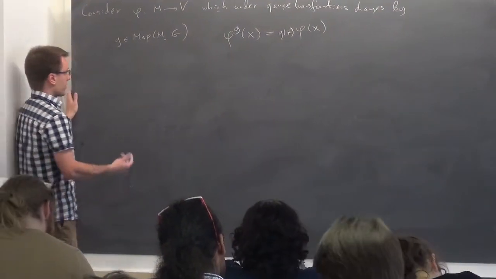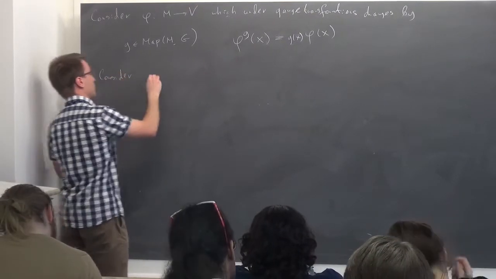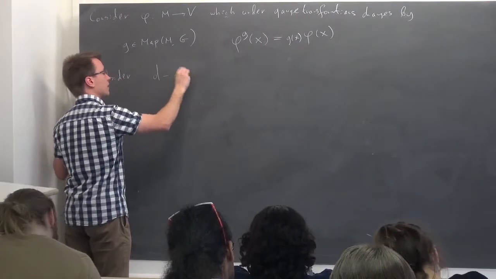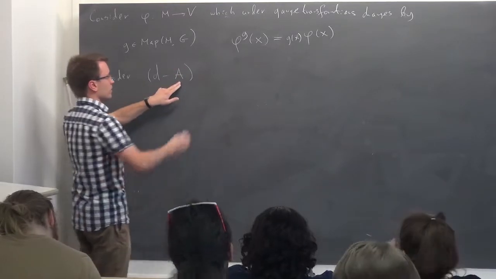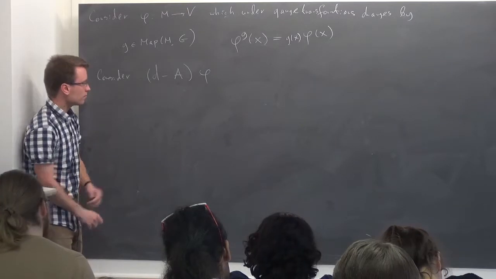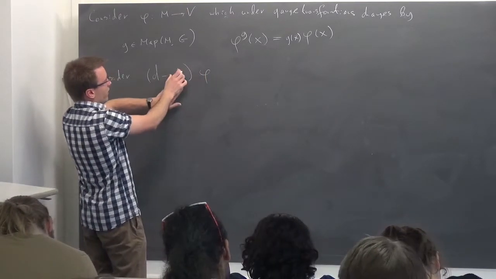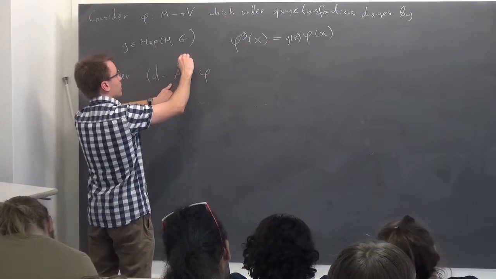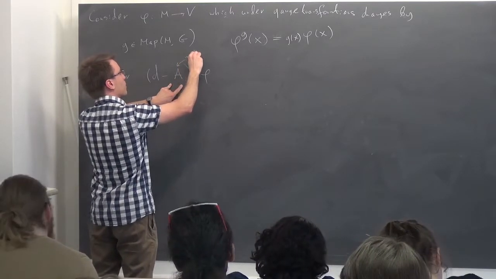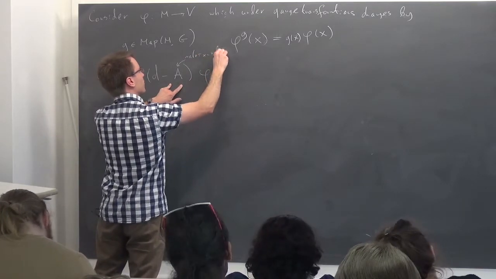And now let's look at this expression: d minus the connection acting on phi. So here, d acts on phi in the usual way, and then the connection. So again, it's a matrix, a matrix valued one form.